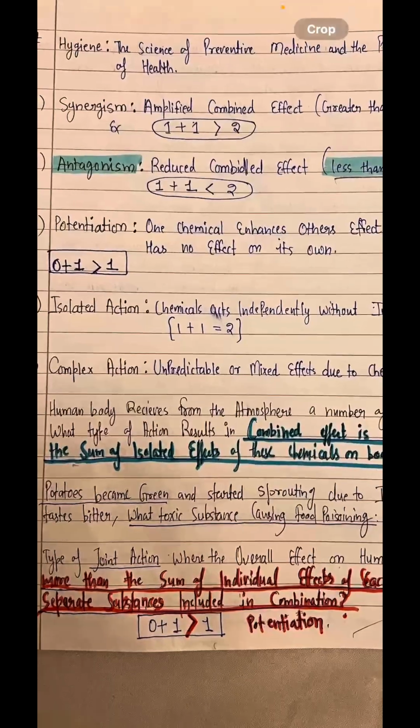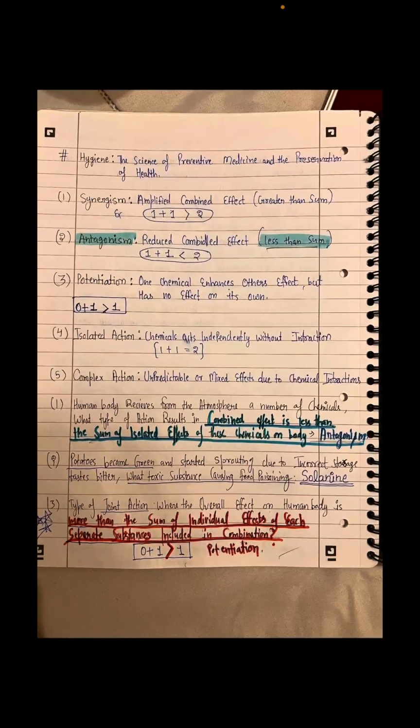Antagonism is the reduced combined effect, which is lesser than the sum. Potentiation is when one chemical enhances the effect of another but has no effect on its own. For example, a catalyst in a reaction: a catalyst will increase the rate of reaction and many factors, but the catalyst has no effect on its own.